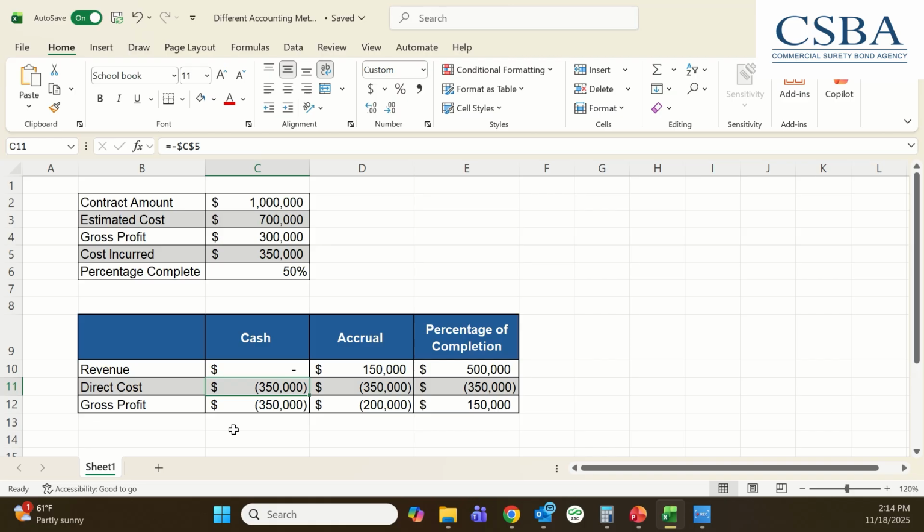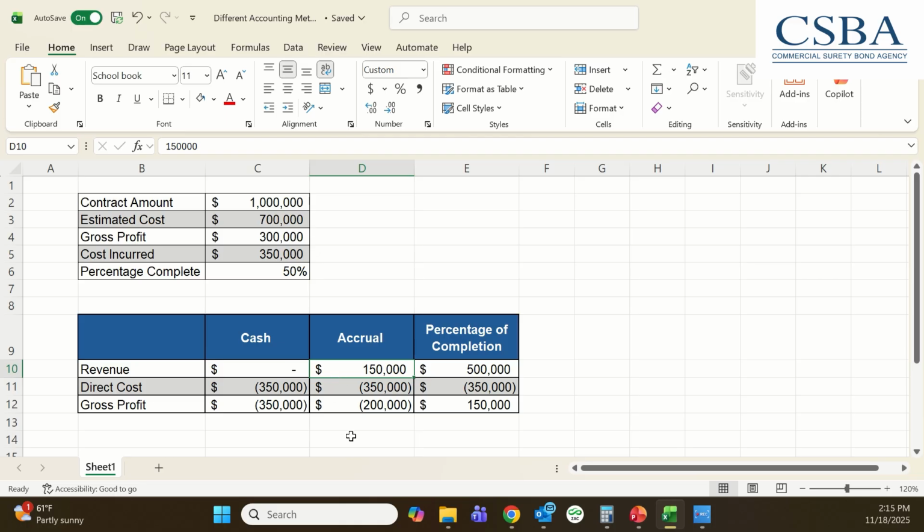So now you would be showing the cost of $350,000 because you've actually paid them. So for your gross profit, you're going to show a negative $350,000 because of the timing issue of receiving payments and when you've made those payments.